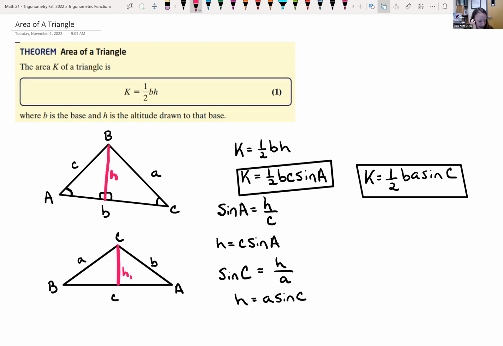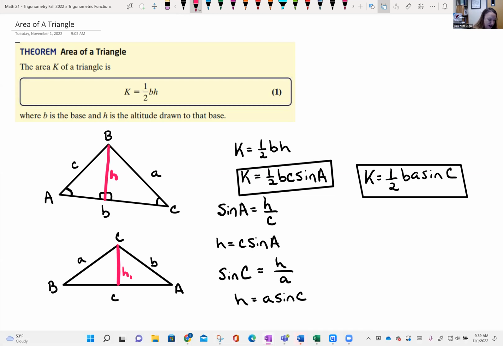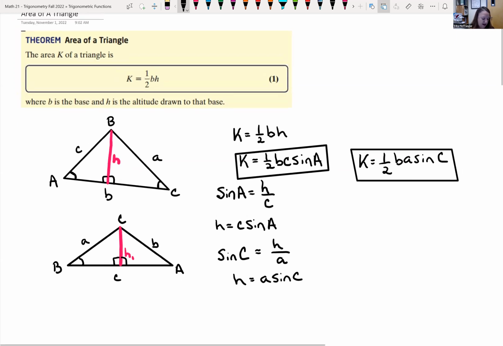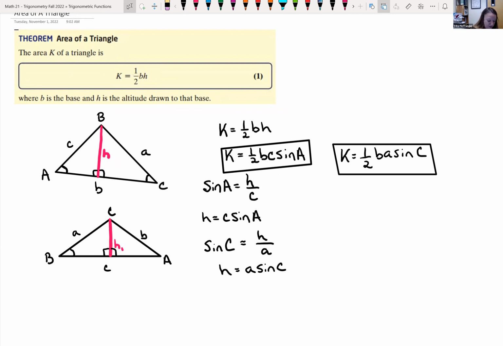Our height in this case, if we made a right triangle, I wanted to use angle B. So using angle B, opposite is H, and then the hypotenuse would be A. So we know sine of angle B is equal to H over A. So the height in this case is equal to A sine B. Okay, so let's look at K then.